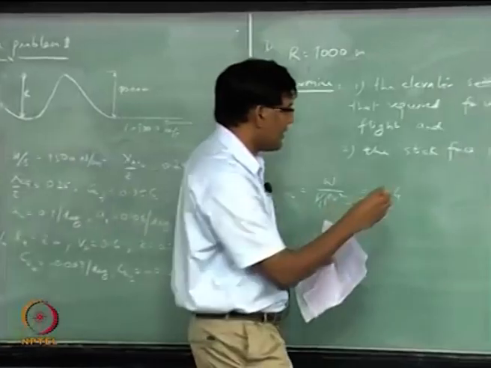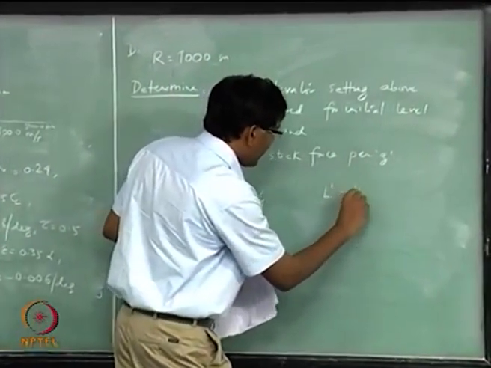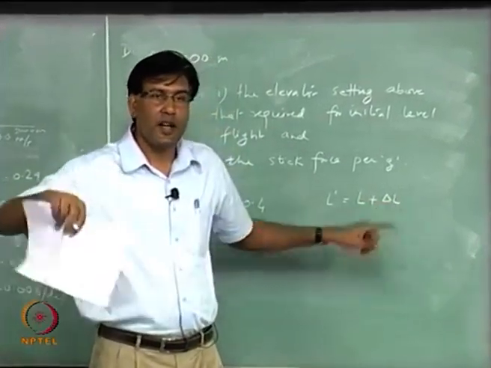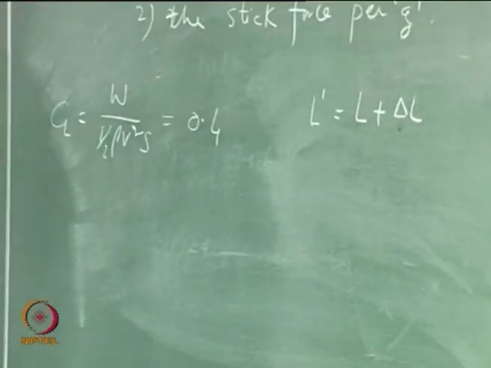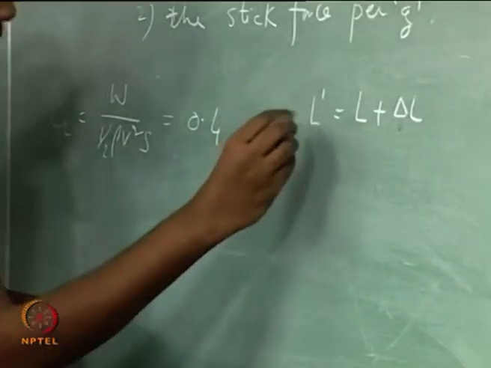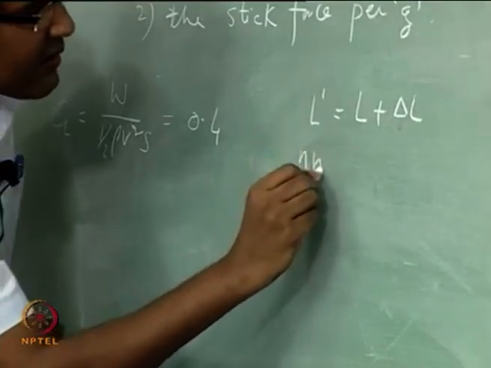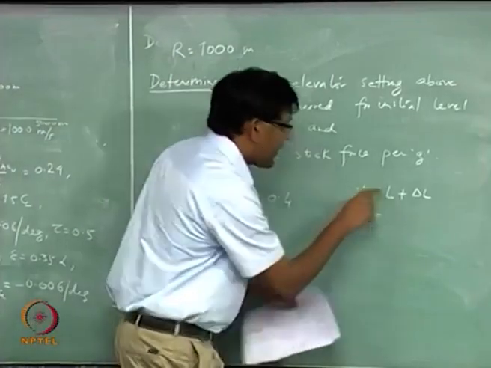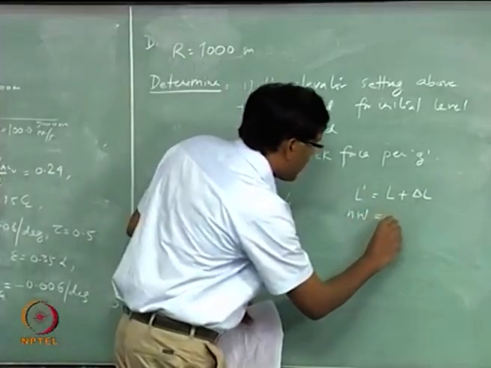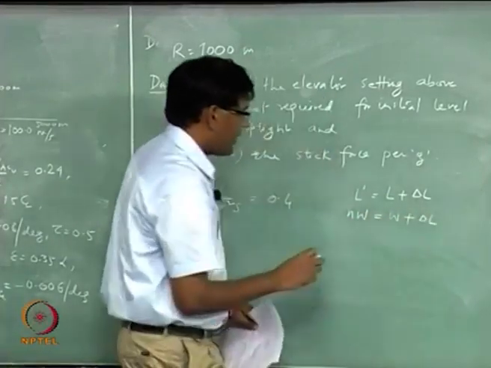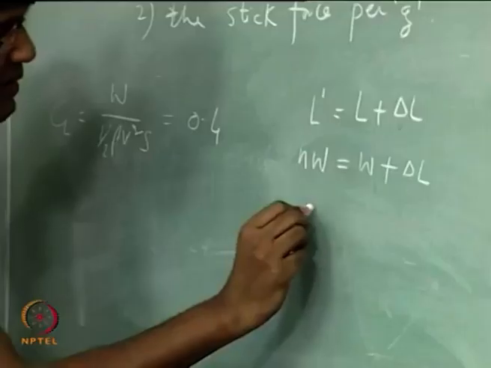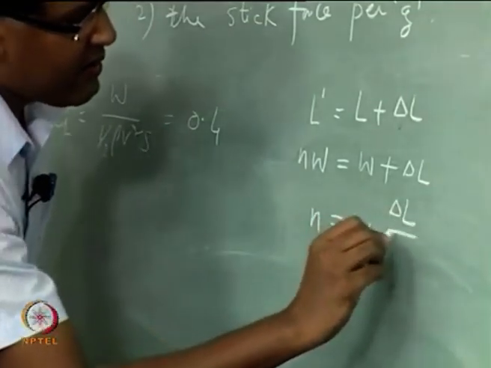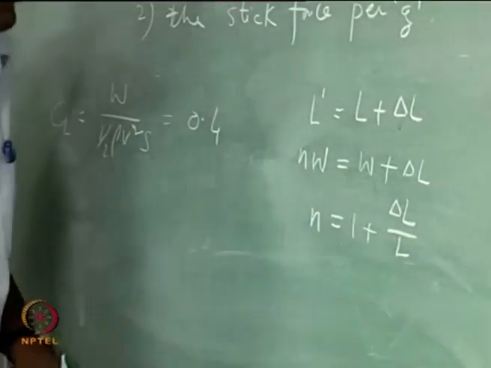So, what are we doing? We are adding some lift, right, when we are trying to pull the aircraft, right. This L prime is n into W, right, and this L is W. So, I can write this as, right.